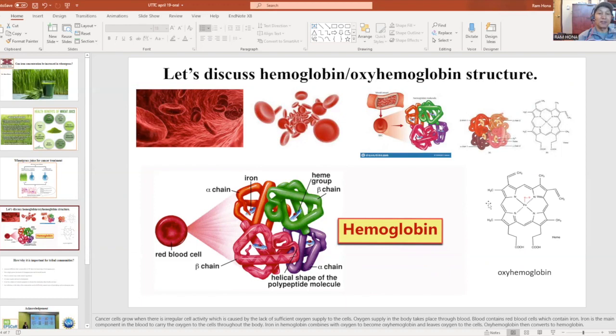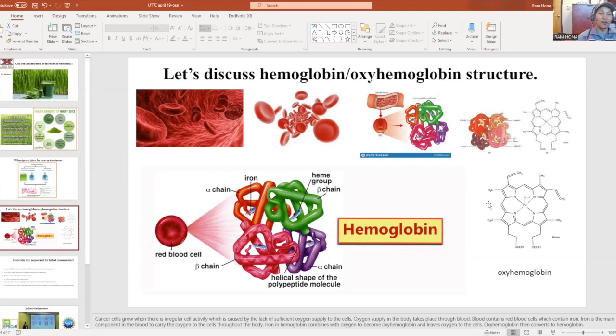Oxygen supply in the body takes place through blood. Blood contains red blood cells, which contain iron. Iron is the main component in the blood to carry oxygen to the cells throughout the body.